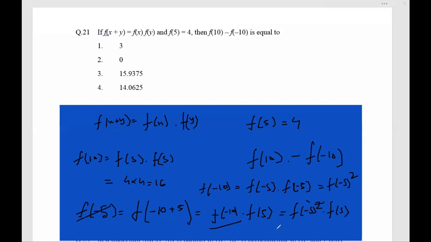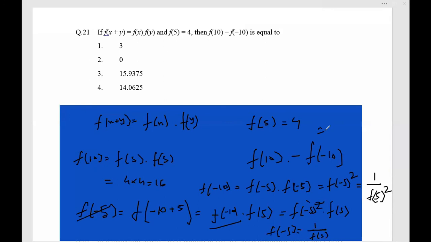That will give you f(minus 5) is basically 1 by f(5). So f(minus 10) is 1 by f(5) square.